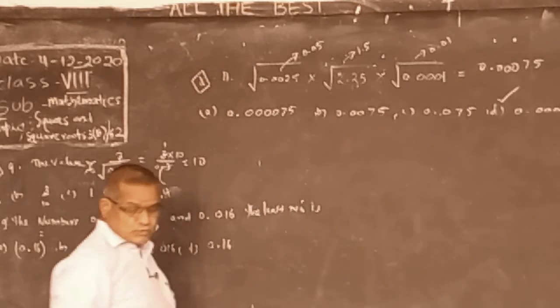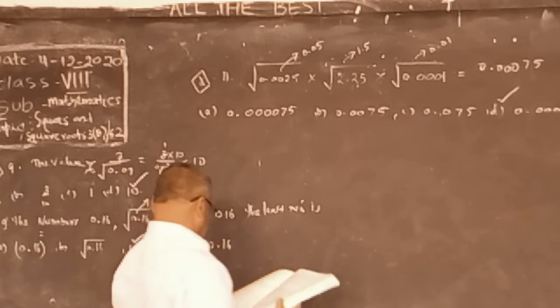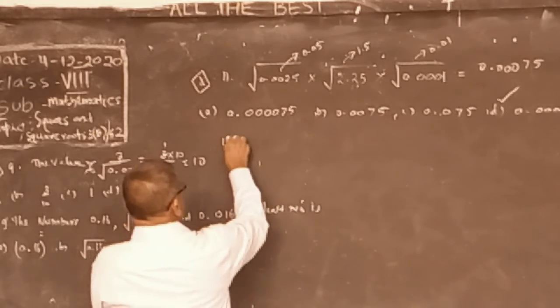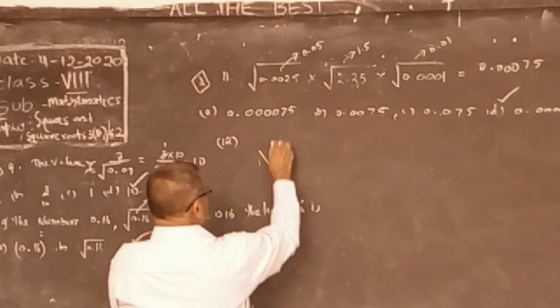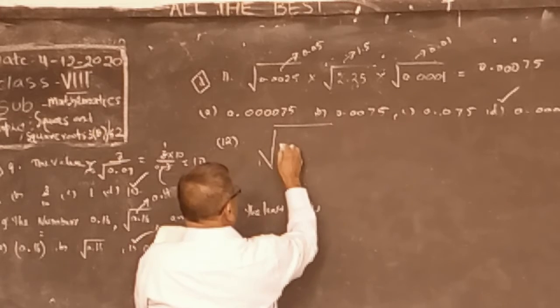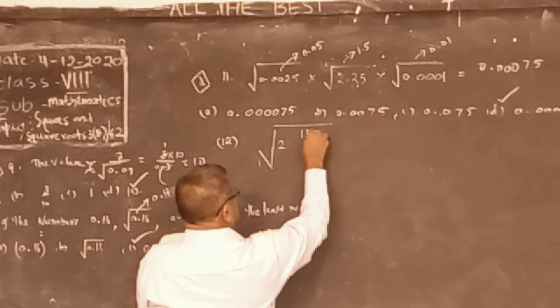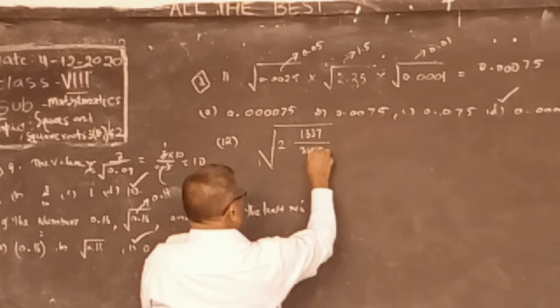Like this, we have to calculate and do. The 12th question: square root of the mixed fraction 1337 by 3844.